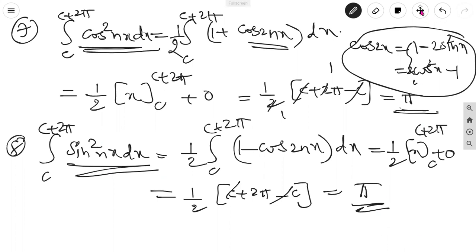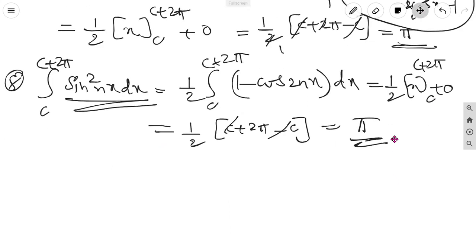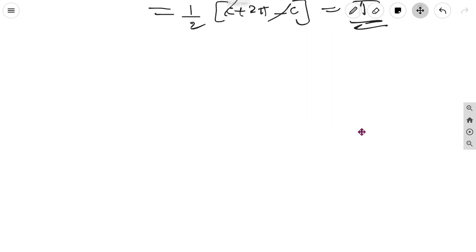First 6 are zeros. Next, if the expression is square in sin and cos, it is equal to pi. Next, ninth one: integral c to c plus 2 pi, whatever the limits, of u v dx form, or u dv.